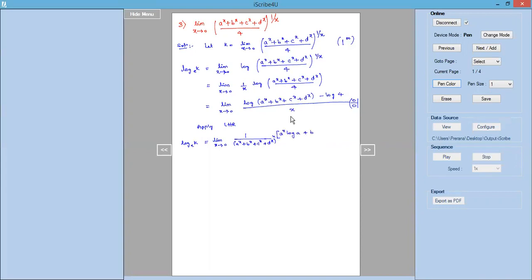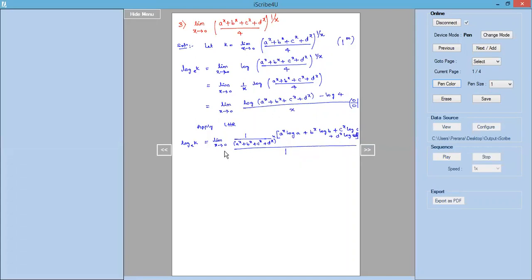Similarly, b power x is b power x into log b plus c power x into log c plus d power x into log d. And we have differentiation of log 4 is 0, it is a constant. The whole divided by differentiation of x, which is 1. We differentiated numerator and denominator separately.